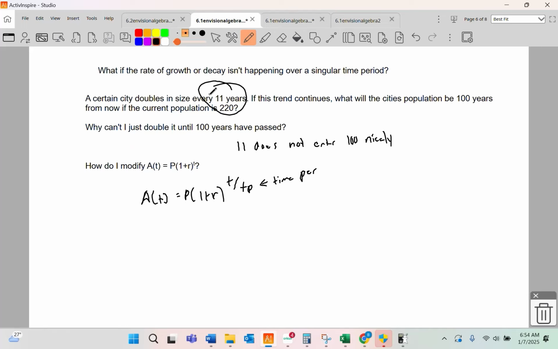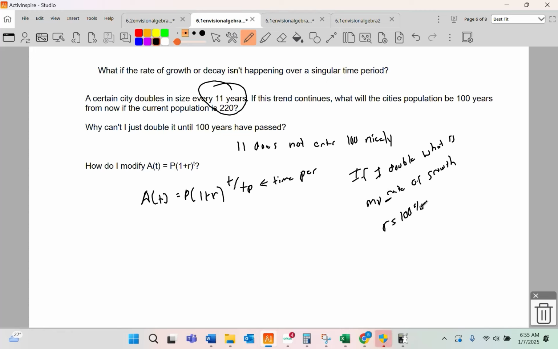All right. Now, by the way, if I double, what is my rate of growth? And that's the issue. What is my rate of growth? It's not 200%. R is 100%.